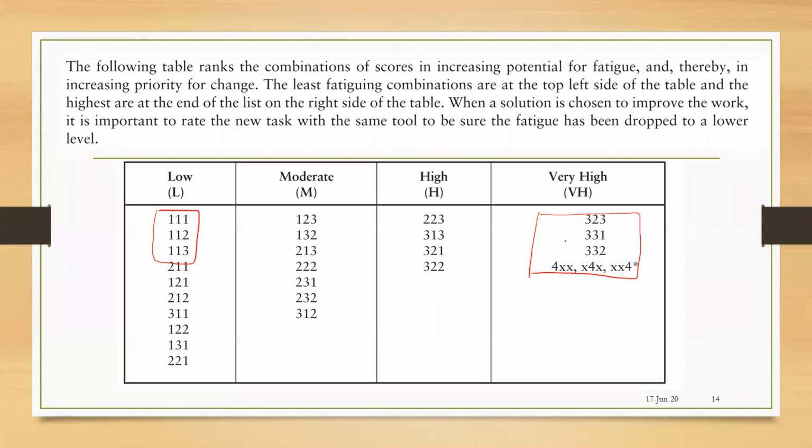So when a solution is chosen to improve the task, it is important to rate the new task with the same tool to be sure the fatigue has been dropped to a lower level. So as soon as we move to the top or left, the task becomes much safer.